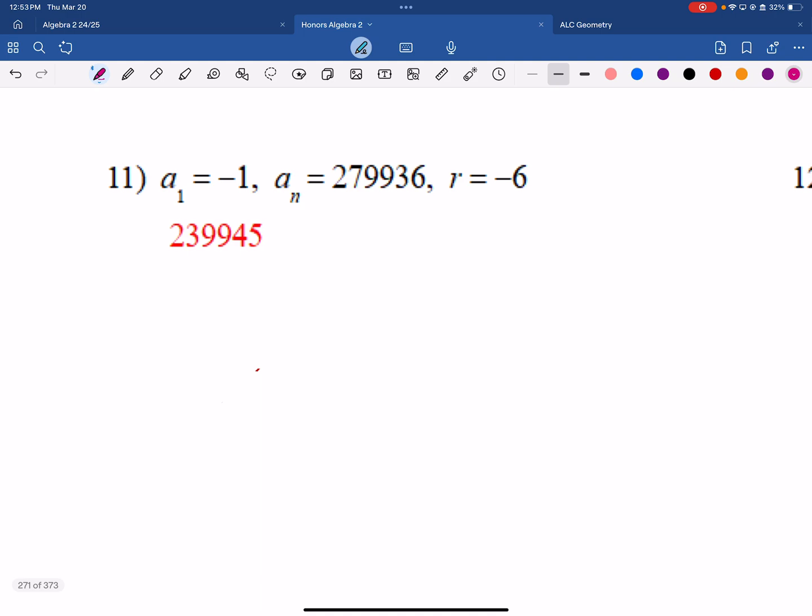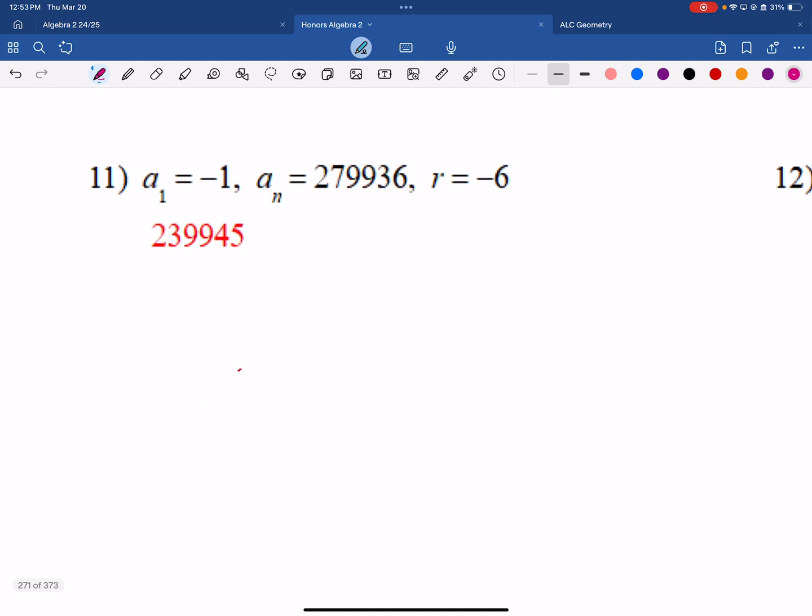All right, now let's take that away. All right, now we know the A of 1. We're given A of n, and we're given the ratio of negative 6. So what don't we have?